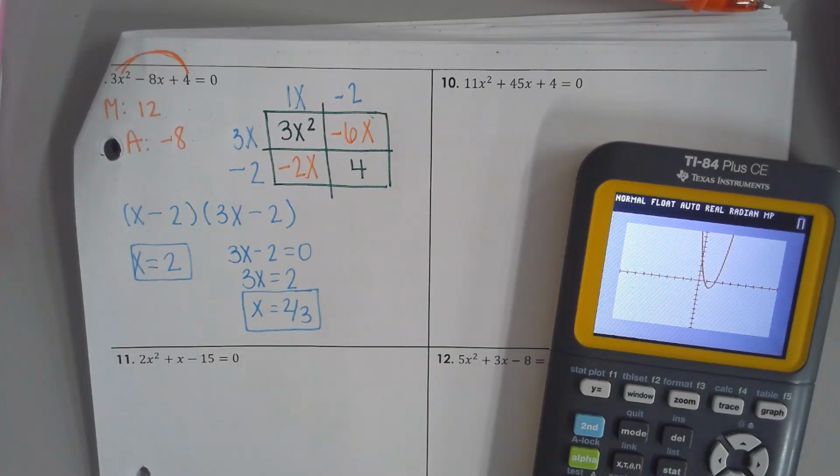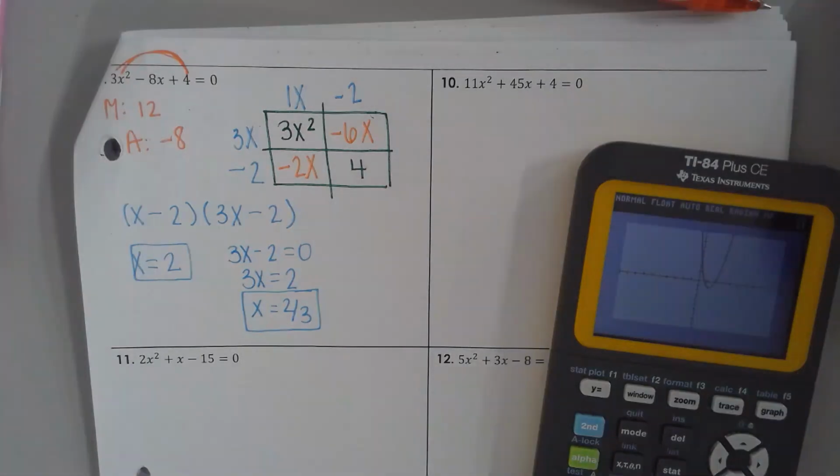On all of these, I'm asking you for the x-intercepts. So what I have in boxes are your x-intercepts. What's in parentheses is considered your factors. You might see a question, especially on the ACT, that just says factor. If it just says to factor this, you stop at the parentheses. If it asks for the x-intercepts, you take it that step further.